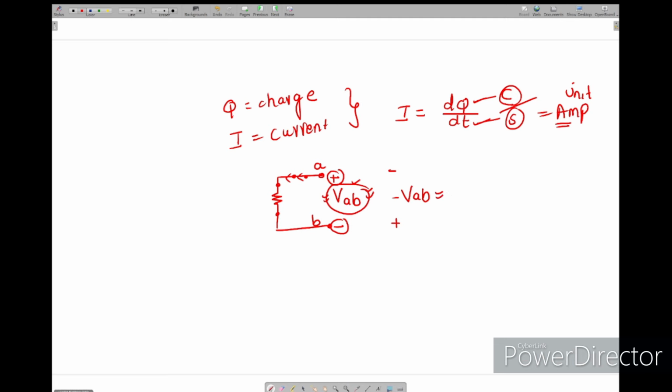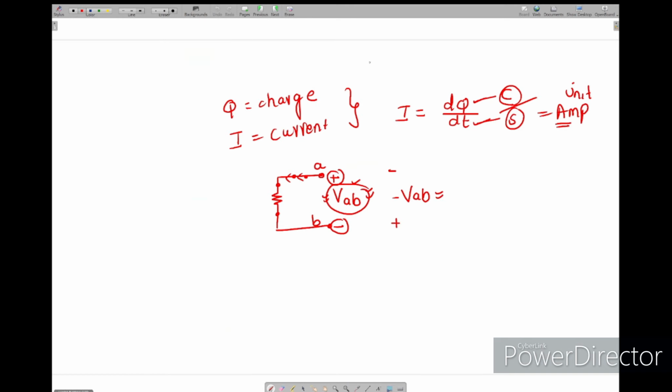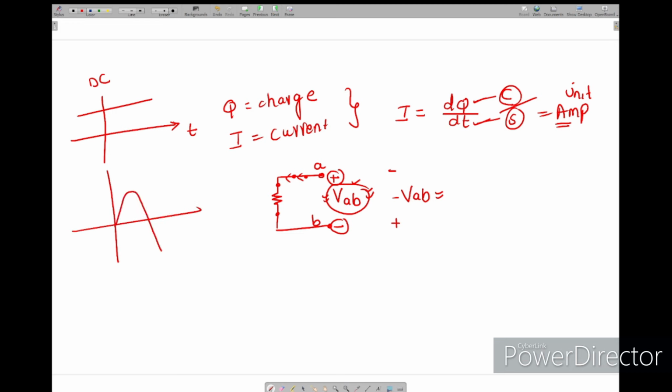This is regarding voltage. And there are two types of currents in an electrical network: one is direct current, one is alternating current. If you see this current, this is DC, meaning direct current.